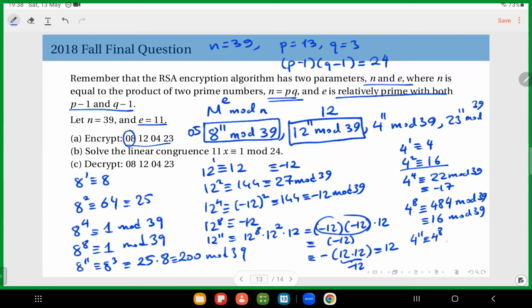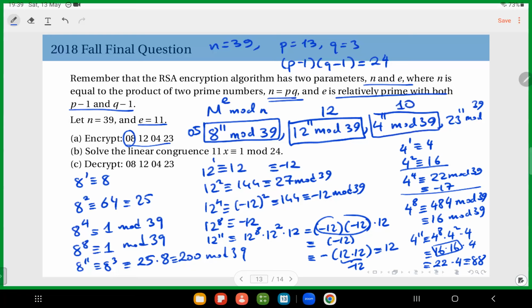That would be 4 to the 8 times 4 to the 2 times 4, and 4 to the 8 is congruent to 16. 4 to the power 2 is also 16, and we have another 16, and the square of 16 we have computed as 4 to the power 4, which is congruent to 22. Times 4, you get 88, and 88 under modulo 39 is just 10. So this is 10.